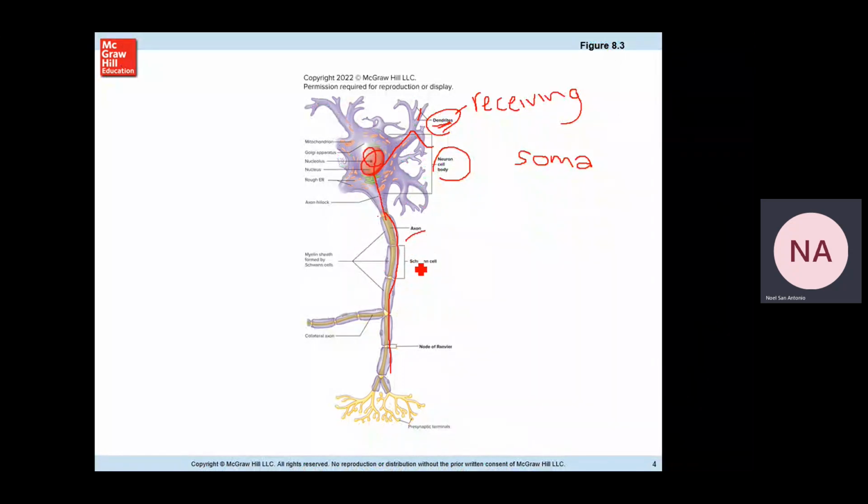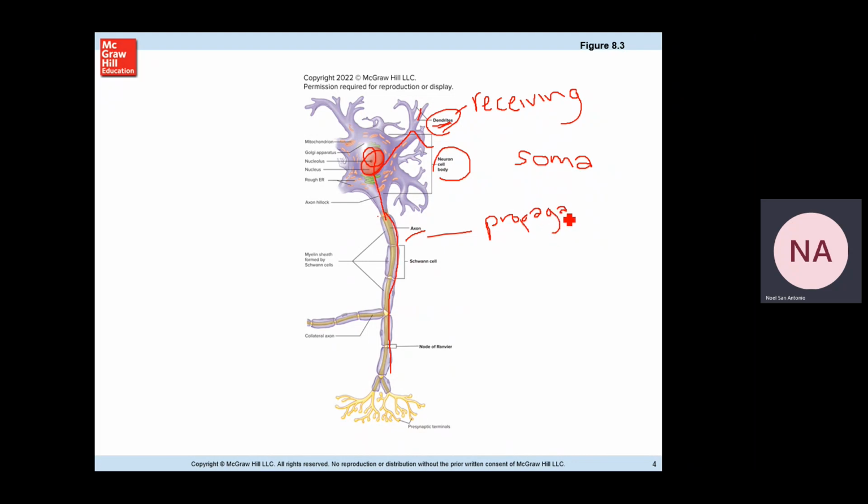Ano naman ang function ng axon? The axon is a propagating part. Ang axon natin, propagating part of a neuron, meaning it propagates the action potential.